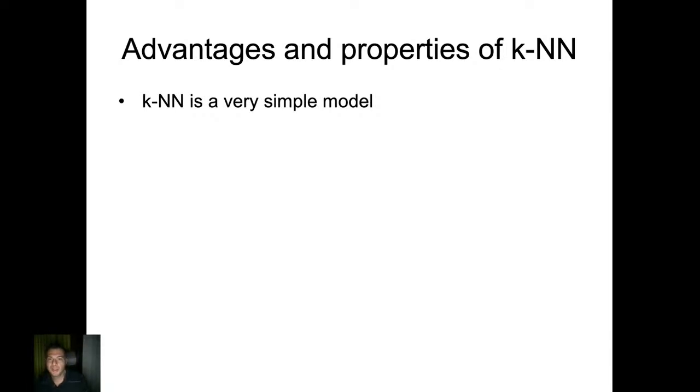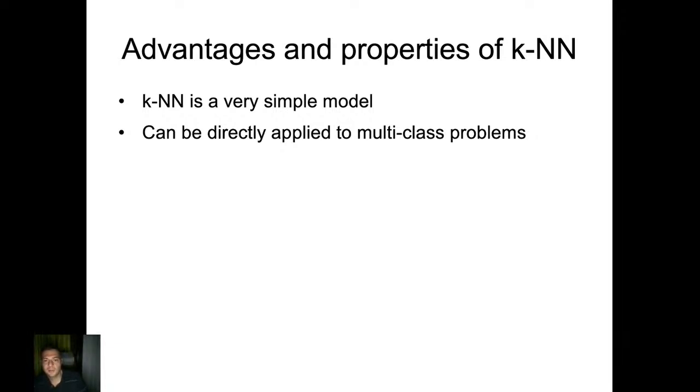So KNN is a very simple model, so it's straightforward to use. You can even implement it from scratch. It's a nice exercise to make and to learn Python if you haven't done already. It can be applied directly to multi-class problems.